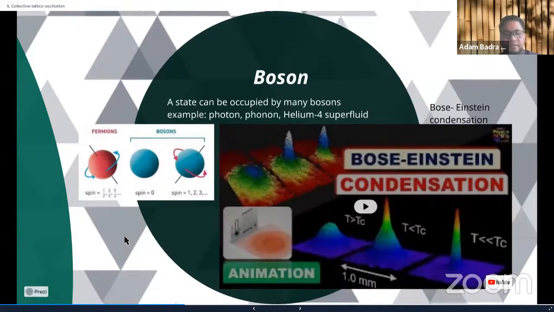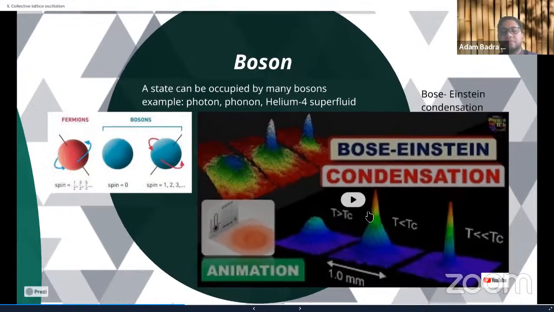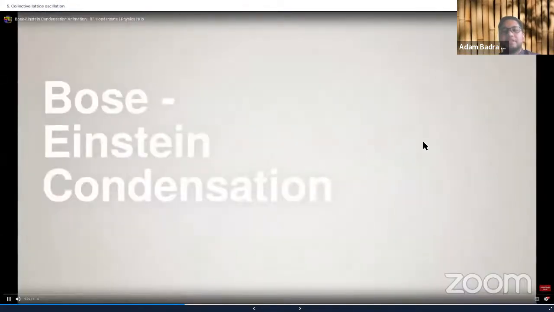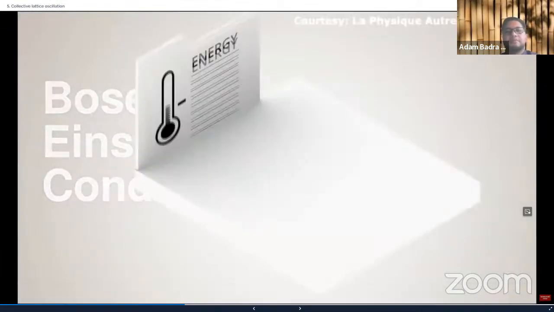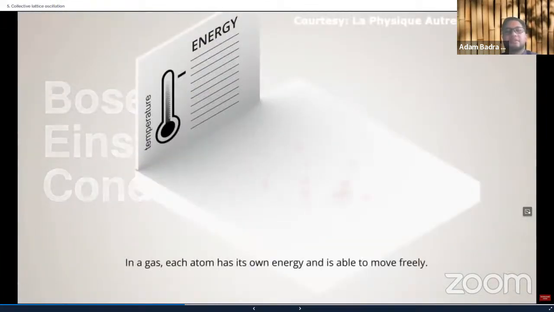Okay. So as you remember, I told you about something called a quantum state of the material, and some of it is called Bose-Einstein condensation. So let's look at the animation. So this is the illustration.